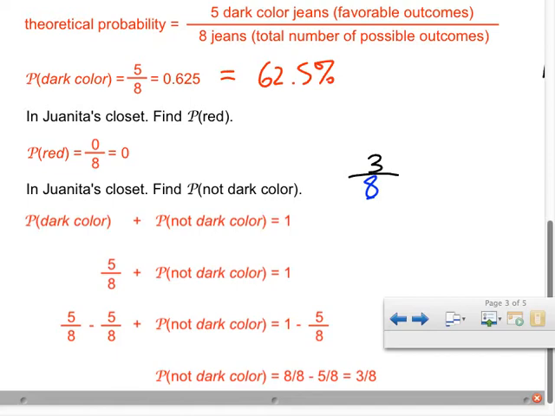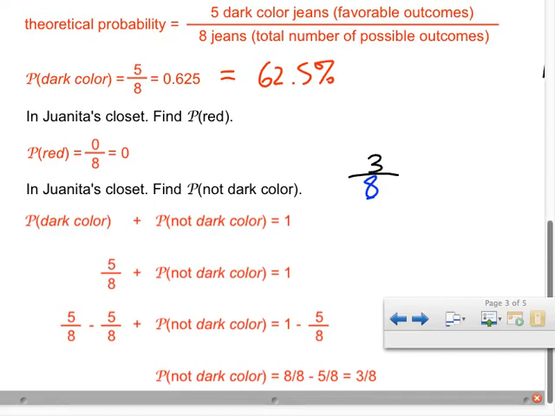Any questions? Yes? I did not know that blue counted as a dark color. Yeah. That's why they invented light blue. I hear what you're saying. You have blue jeans that could be really light colored, then that would be light blue, right?